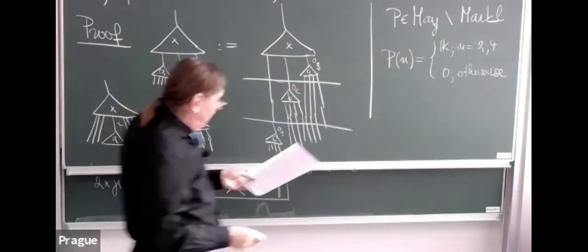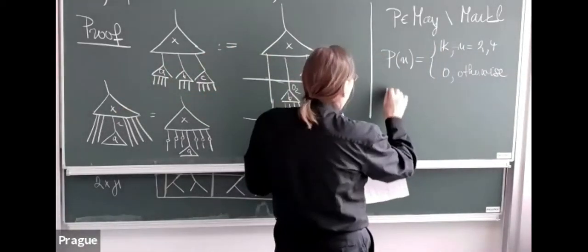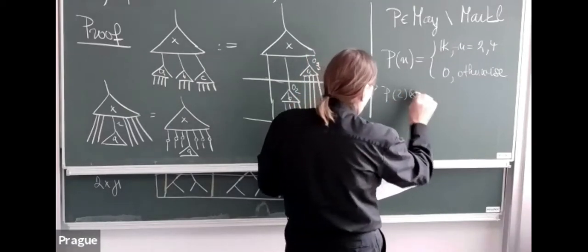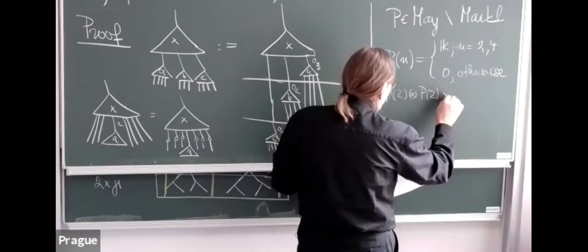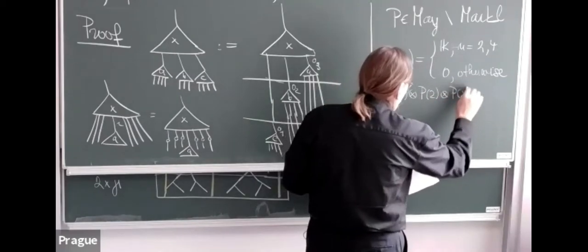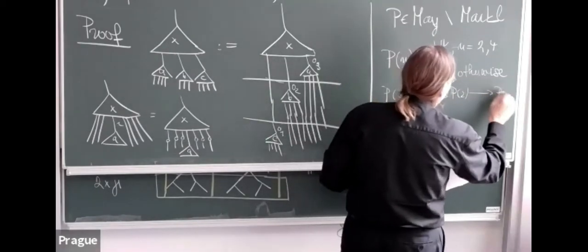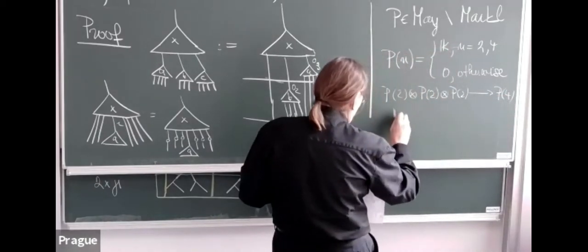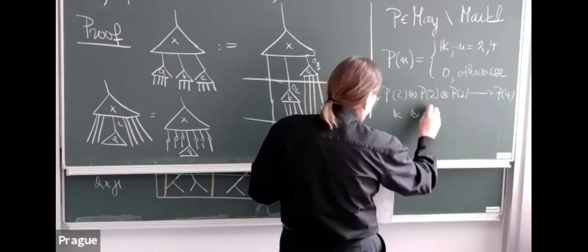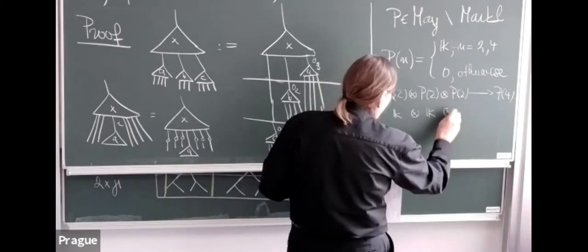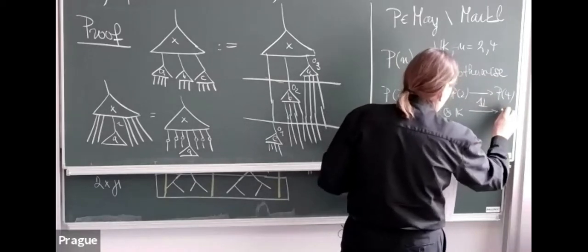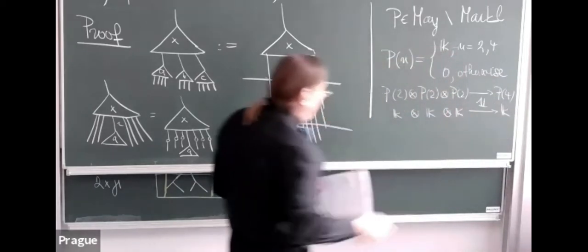And the only operation which is not trivial is May's gamma, which goes this way, and all these things are the ground field by definition, and it is declared to be the identity, the natural isomorphism.